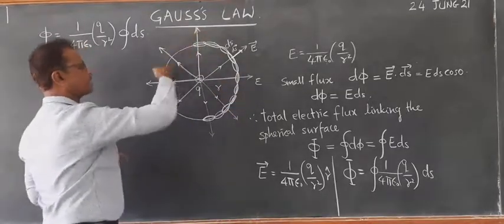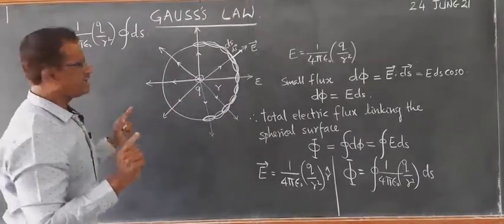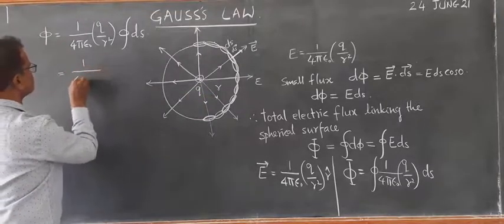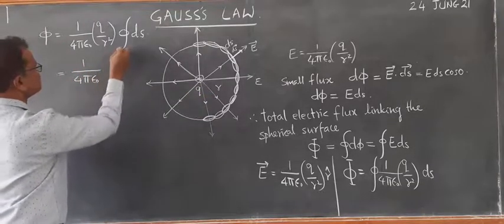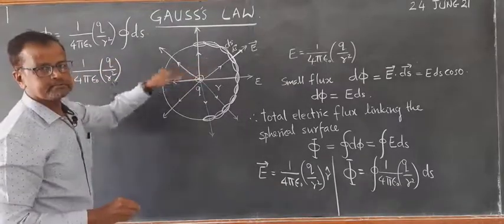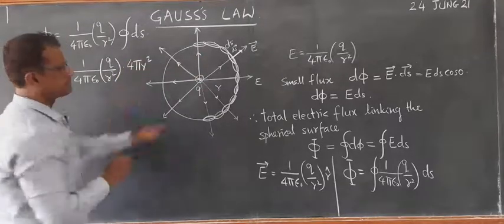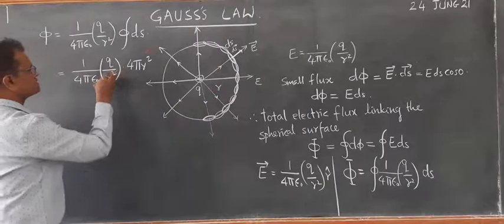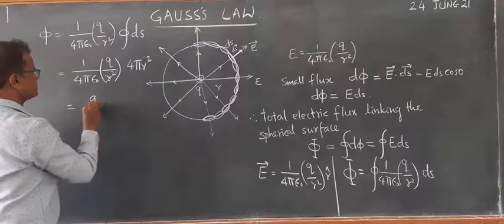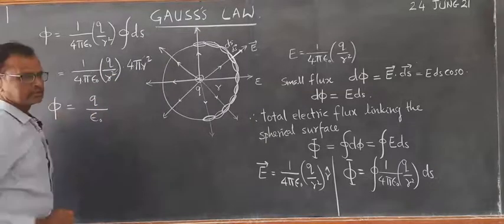If you go on taking the complete summation, we definitely get the surface area of the sphere of radius r. So that gives us 1 by 4 pi epsilon naught q by r square into the surface area of the sphere, which is 4 pi r square. So r square cancels with r square, 4 pi cancels with 4 pi, and finally we get a very simple equation, q by epsilon naught.